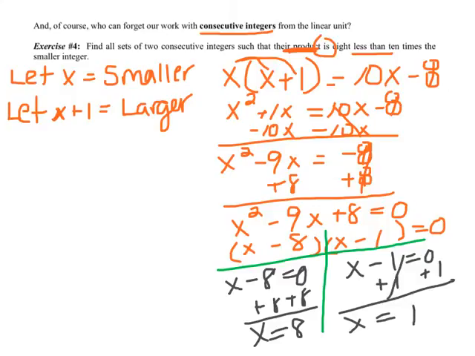Now the question asks for 2 consecutive integers. So I have 8. What's the next consecutive integer? Well, 8 plus 1 gives me 9. That's one set of answers. And then I have 1. 1 plus 1 gives me 2. That's my second set of answers. So I have 2 sets of answers there: 8, 9 and 1, 2.